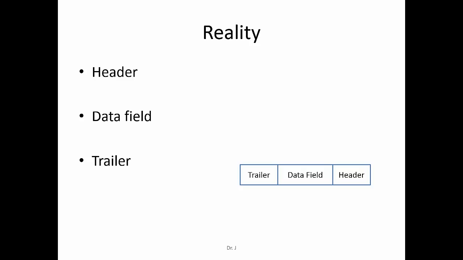The header is what comes first when the message is received, the data field contains the data to be delivered, and the trailer is what comes after the data field. Each of these parts has its own purpose.